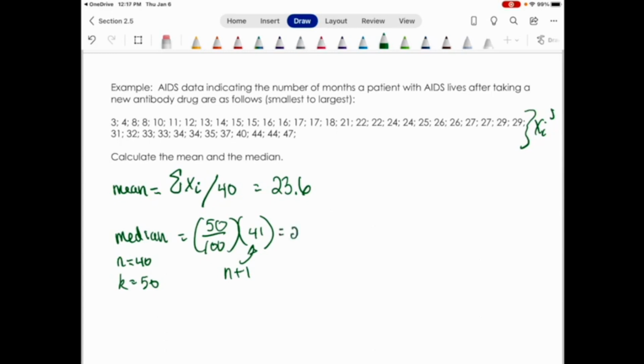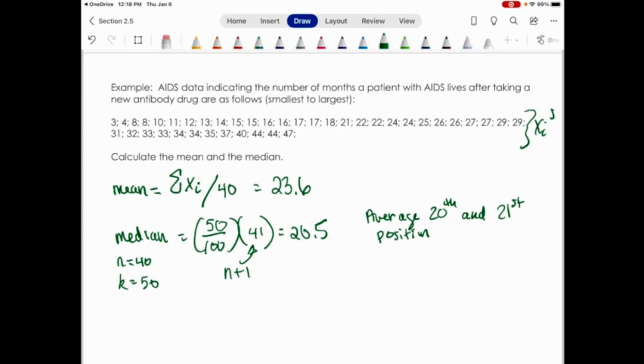So when I find this value, I get 20.5, which means I need to take the average of the 20th and the 21st position.